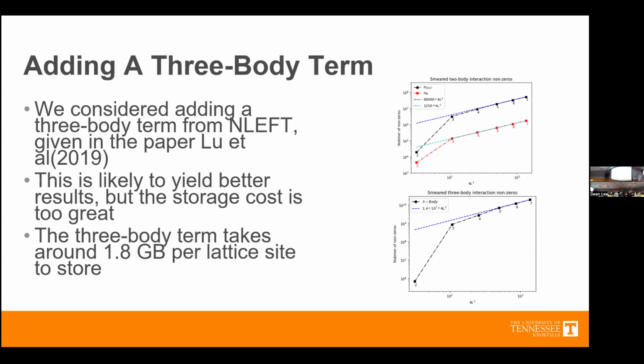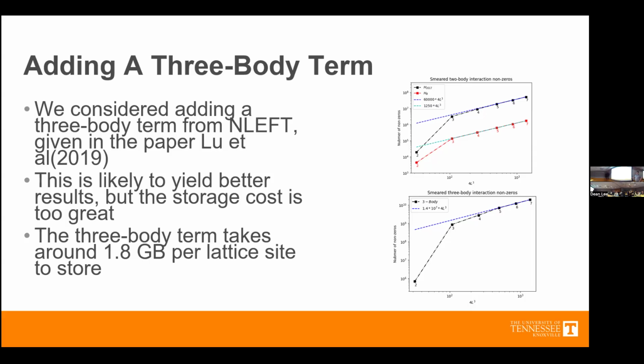So the solution to this would be to add a three-body term, and again, this was already done by NLEF, so we were hoping just to take their interaction. We can see that for just the two interactions we looked at before, the scaling is quite large. It's still with L cubed, but for the more complicated interaction, we're talking about a prefactor of 60,000.